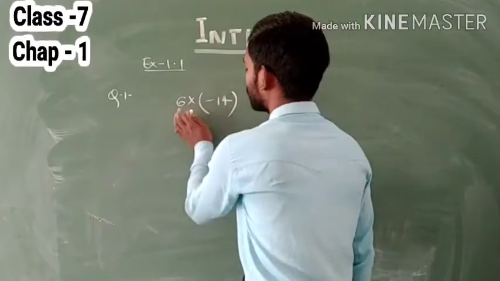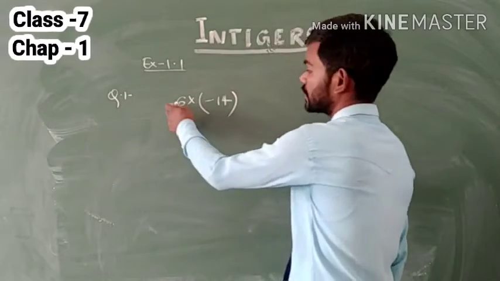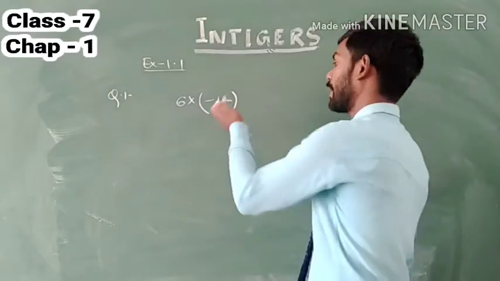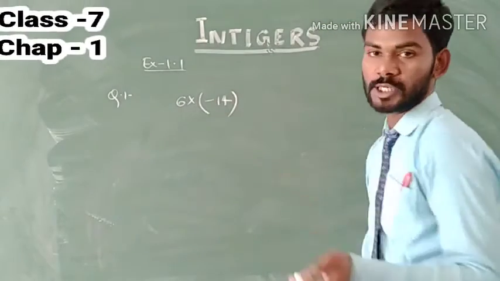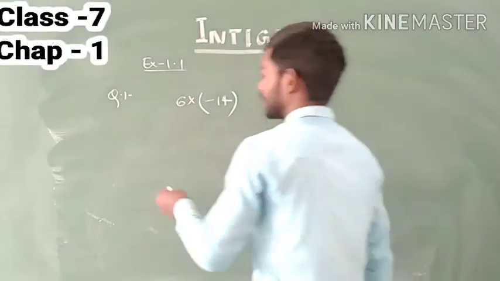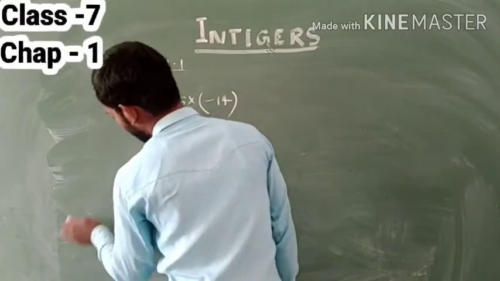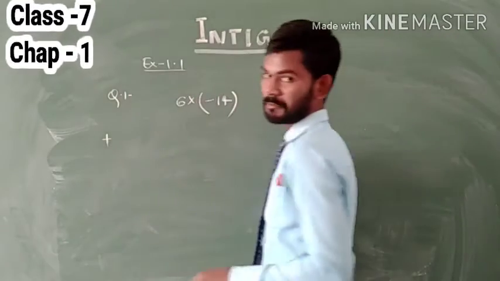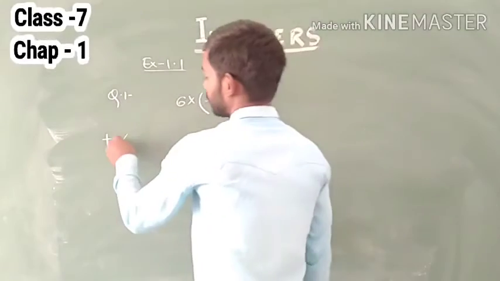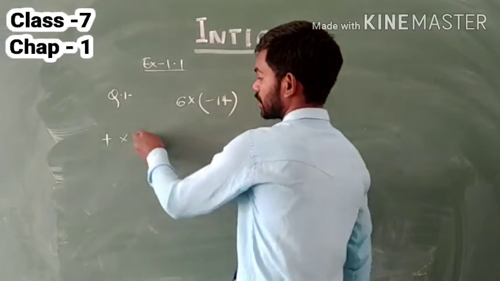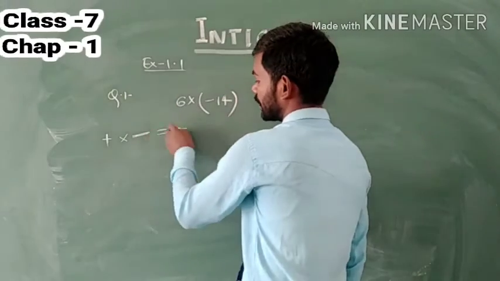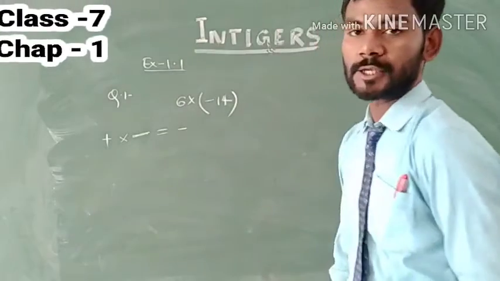When we remove the bracket, 6 is a positive integer and 14 is a negative integer. As I told you in the previous video, whenever a positive integer is multiplied with a negative integer, we always get a negative integer.